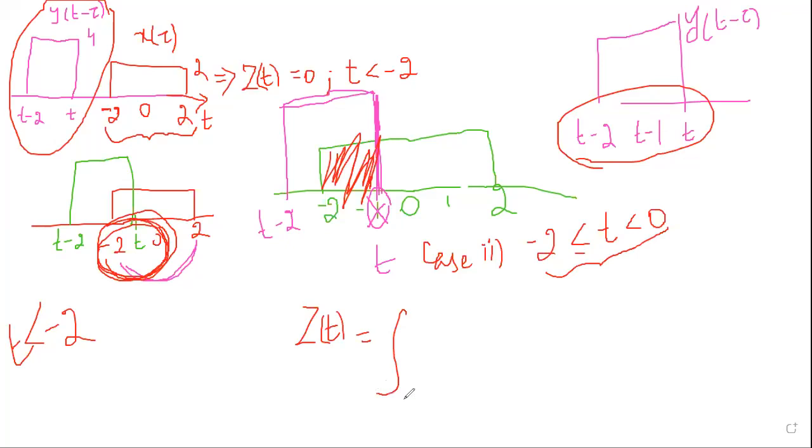Can anybody guess and tell me what will be the lower limit? I have written everything here on the screen. What will be the lower limit? -2. Very good. What will be the upper limit? 0. Is the upper limit 0?